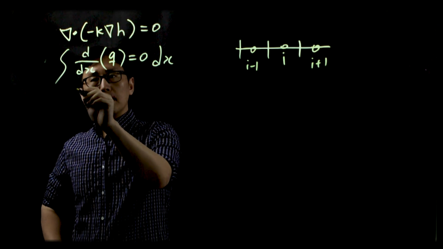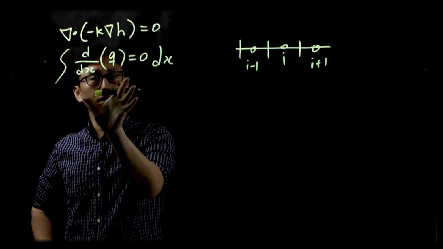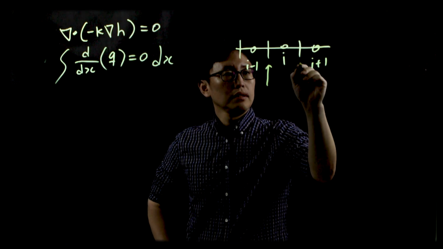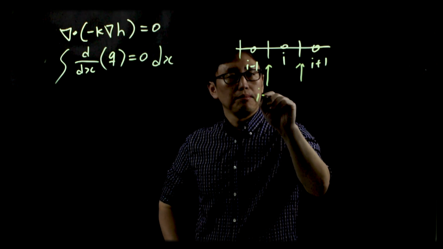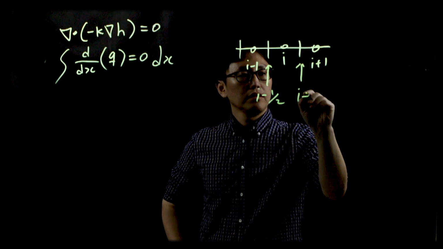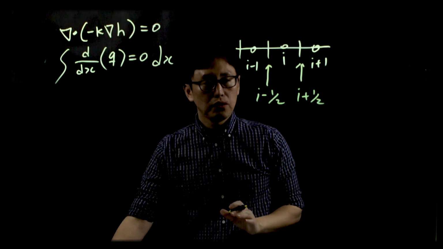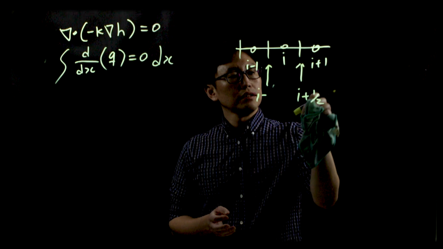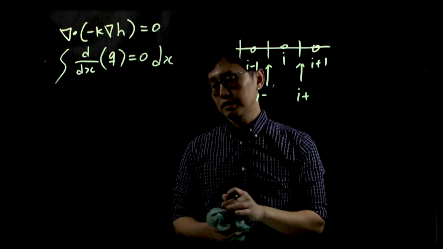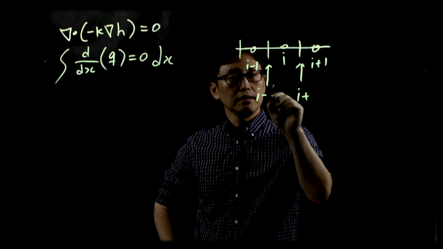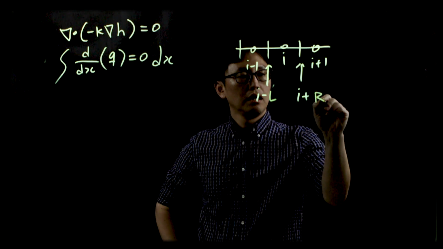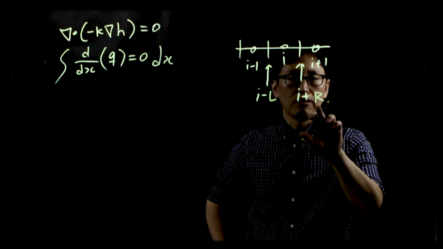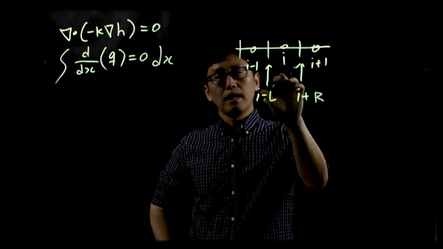For cell i, we should take the integral from the cell interfaces, which we denoted as i minus half and i plus half. For brevity of notation, from now on let's denote the cell interfaces as L and R, where L stands for left and R stands for right with respect to cell i.